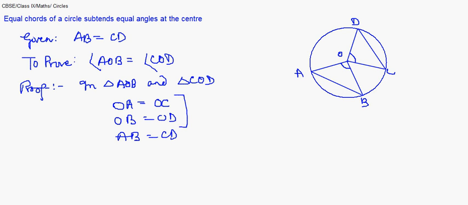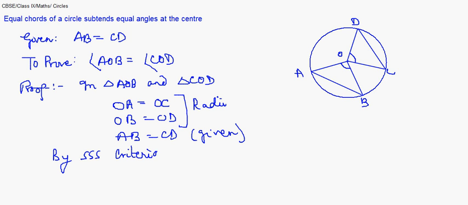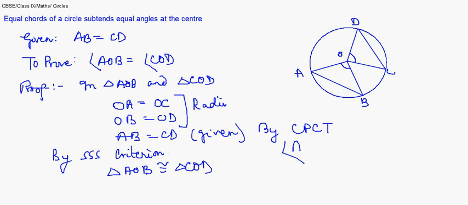For this we can write they are all radii, and here it is given that the chords are equal. So by SSS criterion we can prove the congruency of triangle AOB with triangle COD. So by CPCT we can say that angle AOB is equal to angle COD.